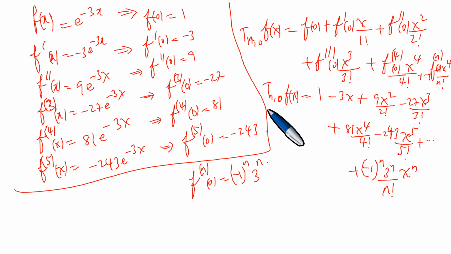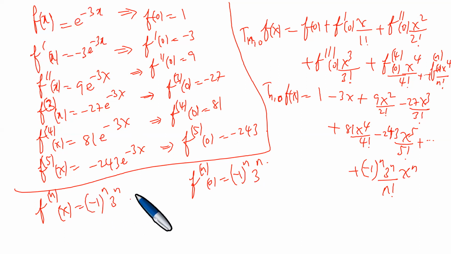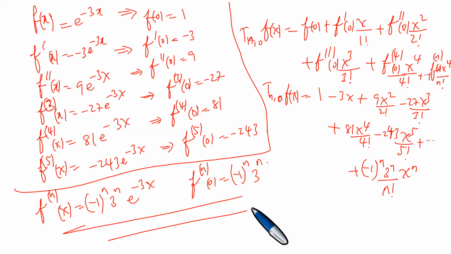This is the thing that we got. We can even come here and generalize the nth derivative. We need to generalize always. What is the nth derivative? It is minus 1 to the power n, 3 to the power n, then e to the minus 3x. So this is what we get. So what do we achieve now?